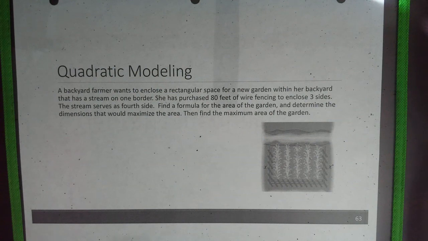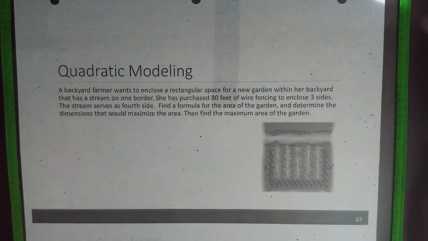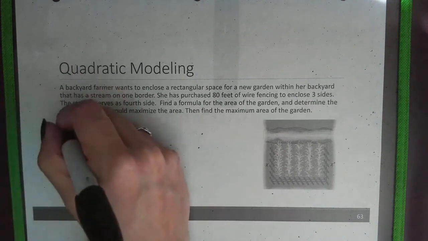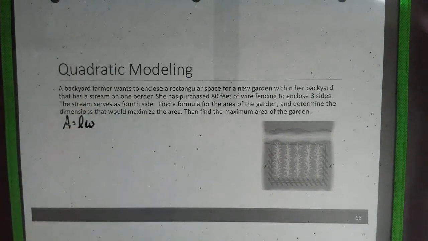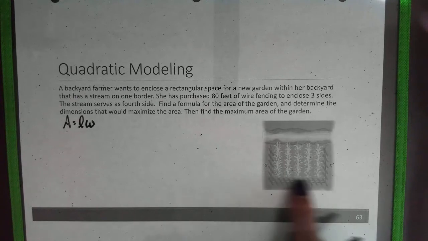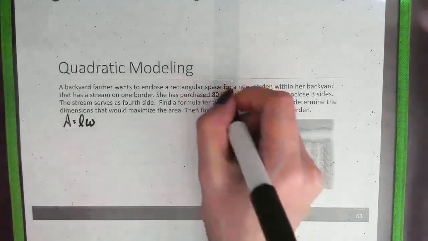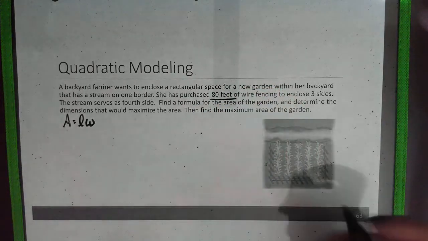They included a nice picture for us that these two sides we can call x. We're dealing with trying to find the area of this garden. Well, since it's rectangular, we know that area is length times width. So we're using x for the width. I need to figure out what my length is here. The key piece of information is we have 80 feet total.